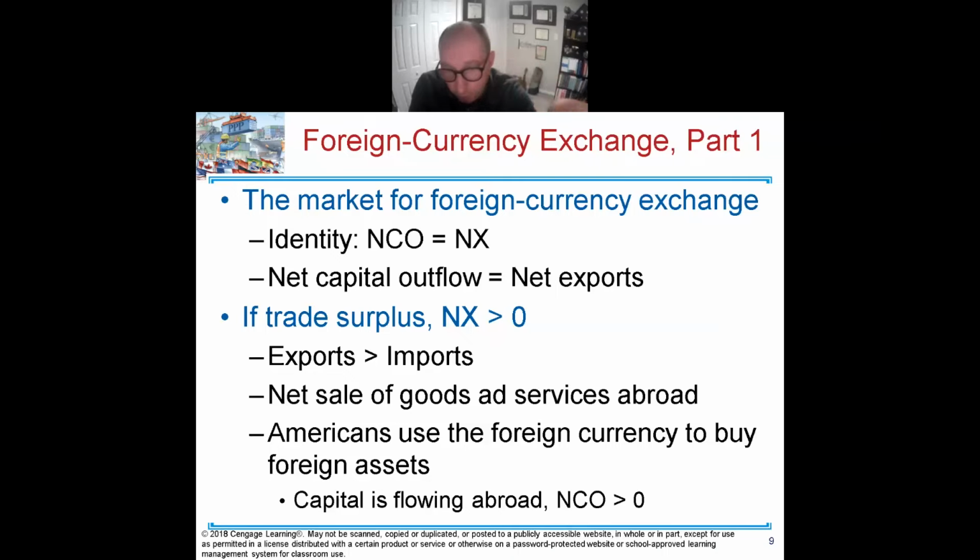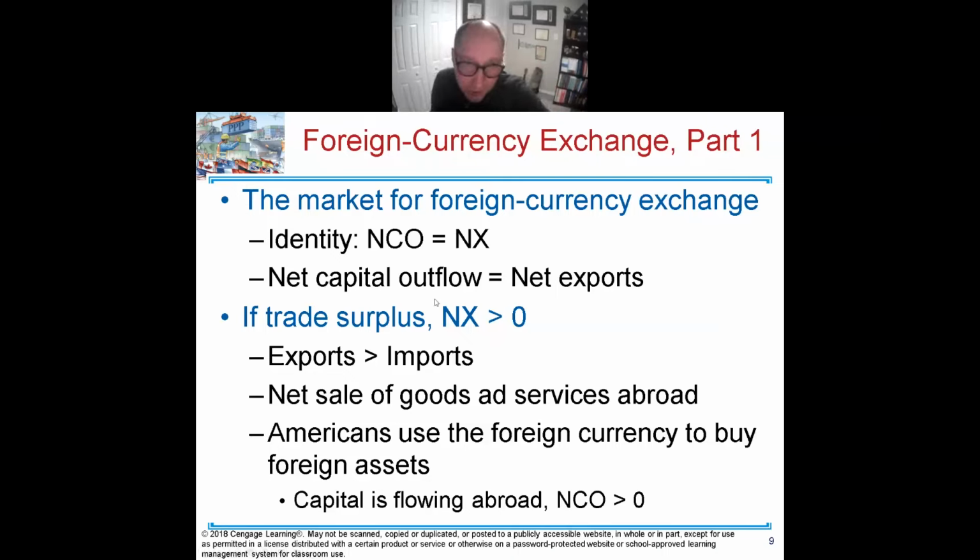Americans will use the foreign currency to buy foreign assets, meaning we'll buy products and services made in other countries using their currency. When that happens, capital is flowing outside of the United States, which of course means that net capital outflow is going to be greater than zero.